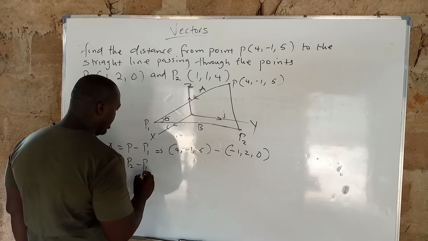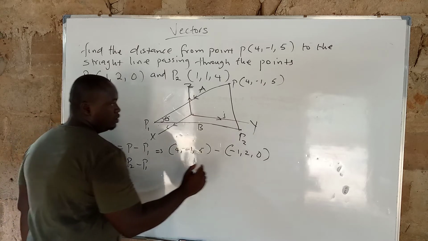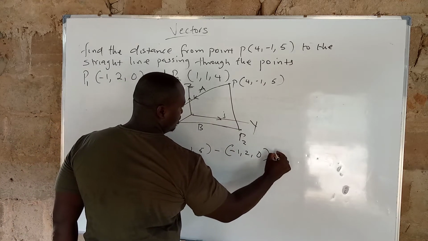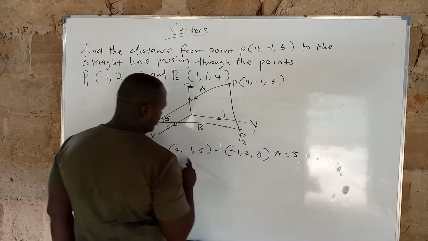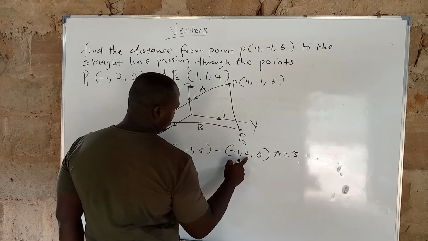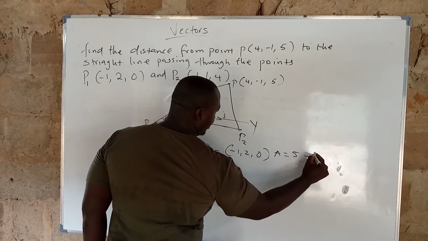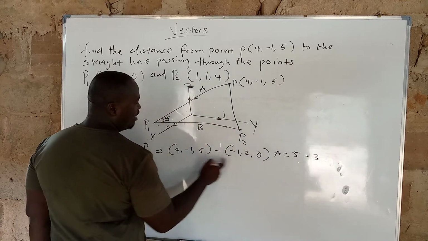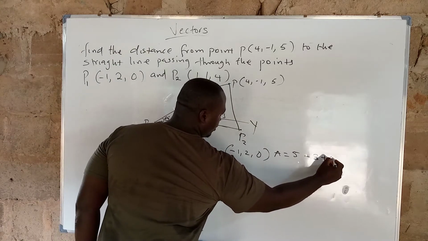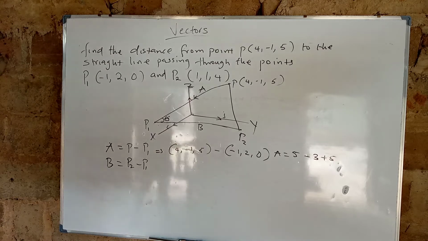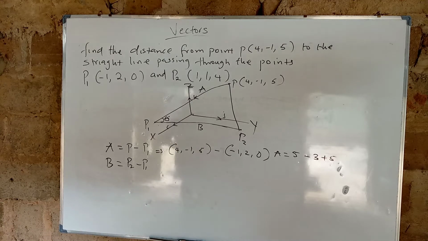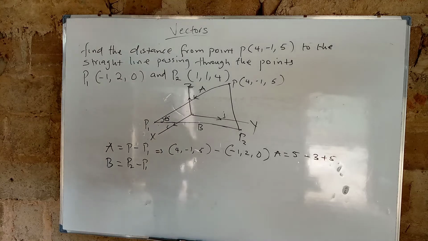Now, remember, minus here is plus. That means your A is equal to 4 plus 1, this will give you 5. Minus 1 minus 2 will give you minus 3. And then 5 minus 0 should give you plus 5. Now, if you should do the same thing, pause the video, get the one of B. Now, please remember this is vector.